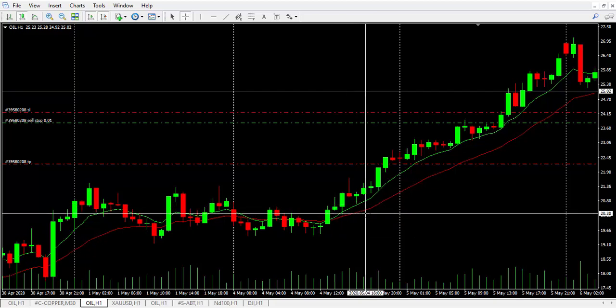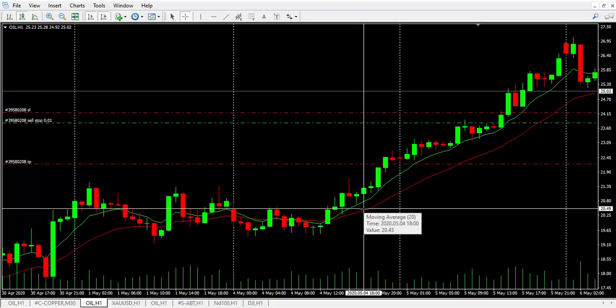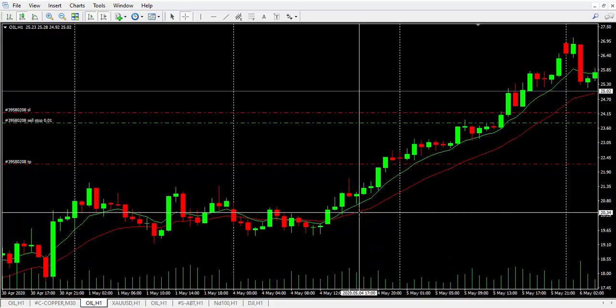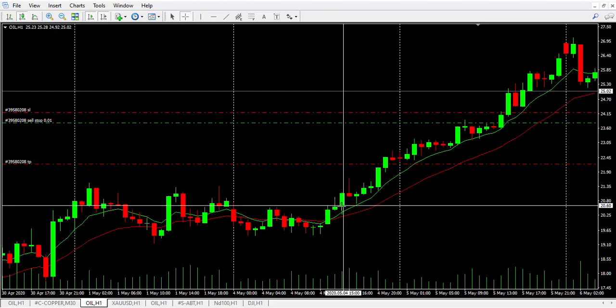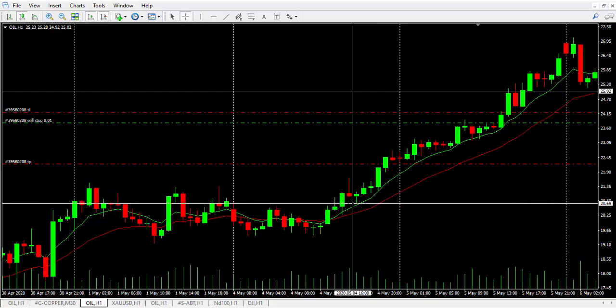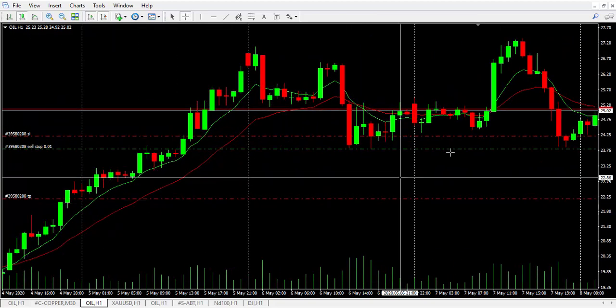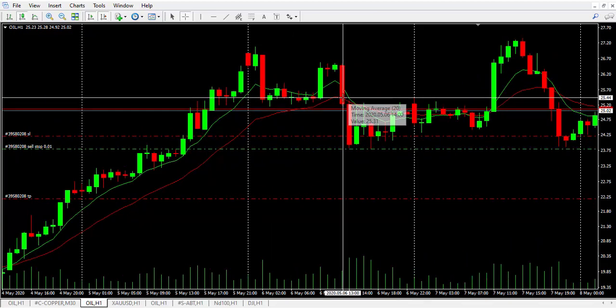But I will create another video for moving averages where you will not exit from the trade. At least it has to reach this position to exit from the trade if you are using moving average for your trading signal. Okay, so the price has given a signal to exit here. And let me show one more good example.